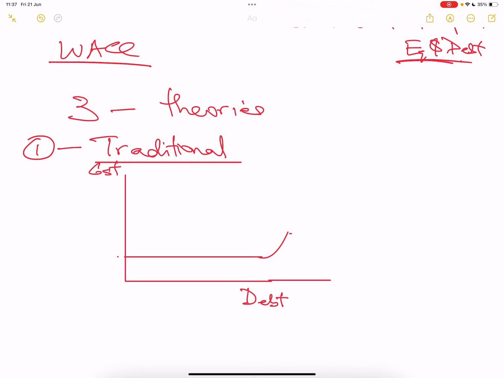And initially, when your cost of debt is constant, what happens to cost of equity? The shareholders will start feeling uncomfortable for sure, because debt is less risky and equity is more risky, right? Because equity is for the shareholders, when your debt is going up, first of all, the interest expense will go up, which means that the profit after tax will reduce, so they won't get enough dividends.